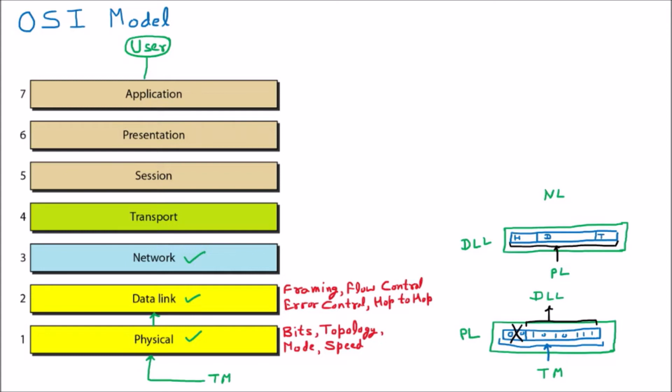We are learning the data link layer which is the second layer. So we will mention H2 and T2, that means the header of the second layer and the tail of the second layer. Out of this, the header is discarded, the tail is discarded, and only data is passed to the network layer.